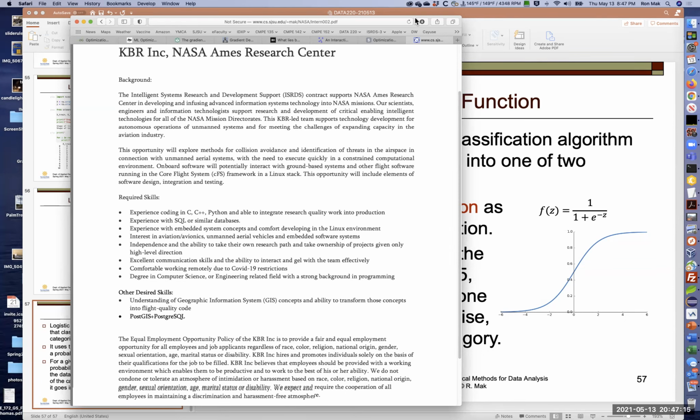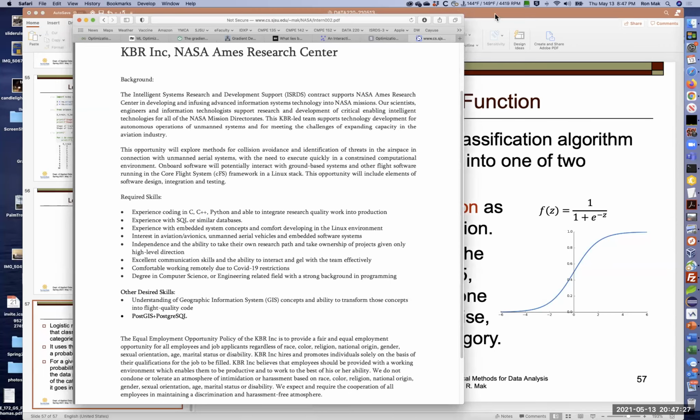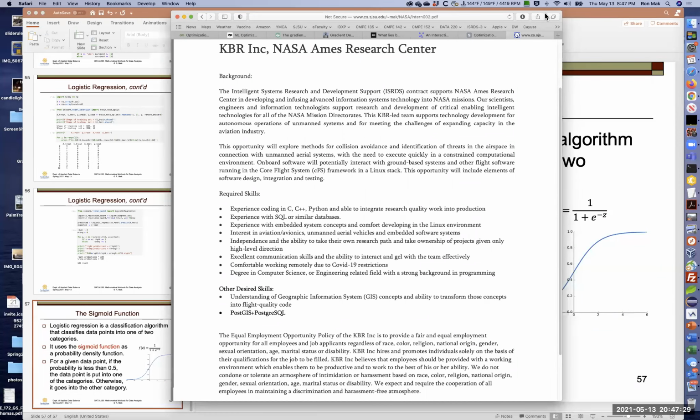Okay, so I had to agree that I could not limit my grant money to just San Jose State students. But I think you're getting the first shot at these, because as soon as I find out, I publish it. And then I send out a message to all my students saying, hey, look, I just published this. And so I think I'm giving San Jose State students a first shot.